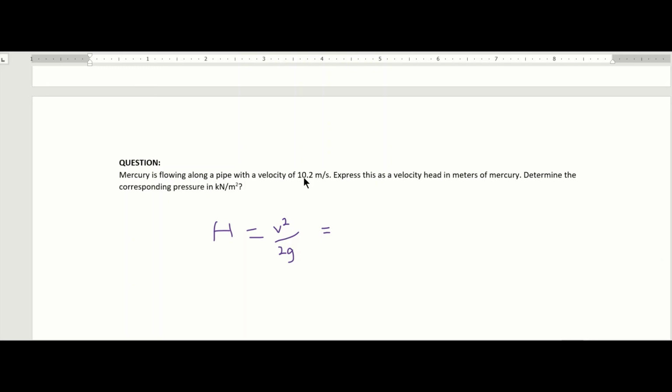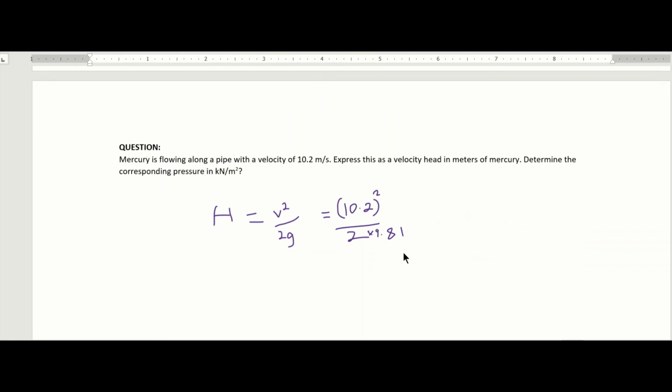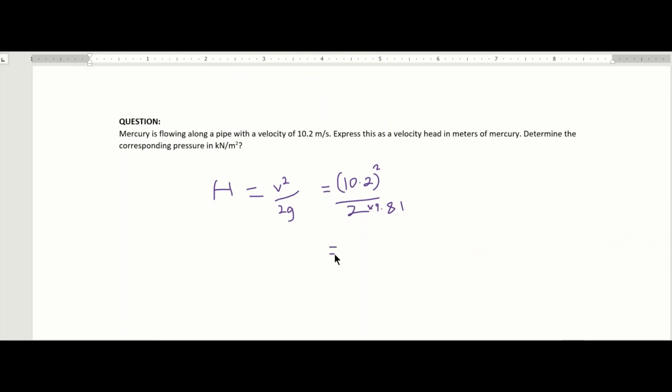The velocity is given as 10.2, so we have 10.2 squared over 2g, which is 2 times g. g is 9.81. So therefore 10.2 squared will give us 104.04, divided by 2 times 9.81 will give us 19.62.